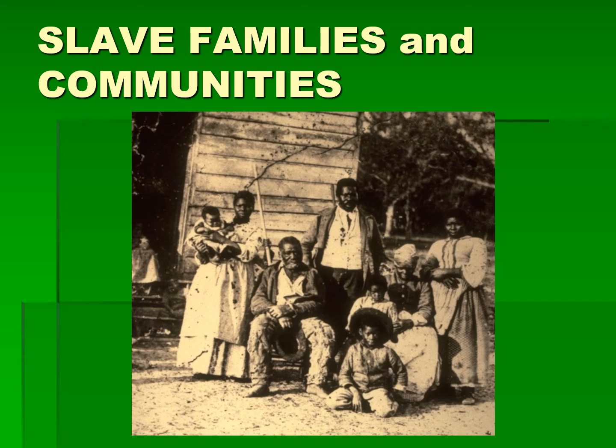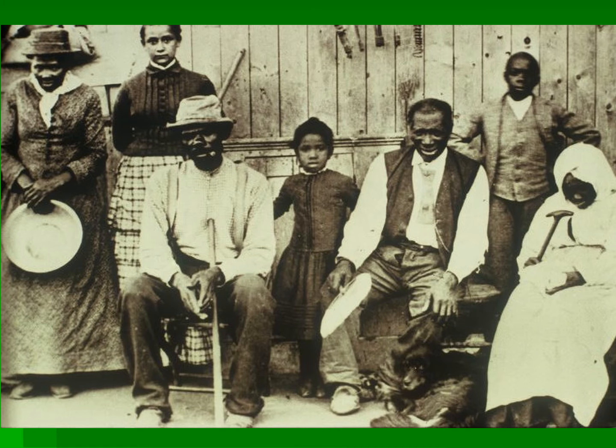All right, so this brings us to slave communities and slave families. One thing to keep in mind is that the slave owners tried to dehumanize the slaves on a regular basis. One of the big ways that they did this is trying to not allow slaves to have a semblance of family: a mom, dad, children, those kinds of things. So slaves adapted to this.